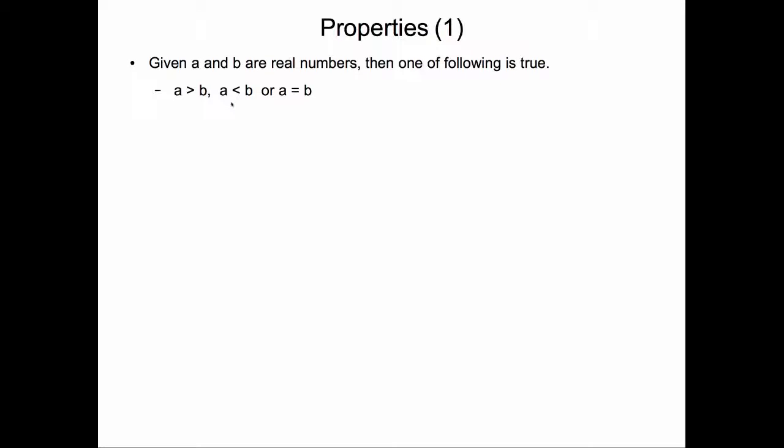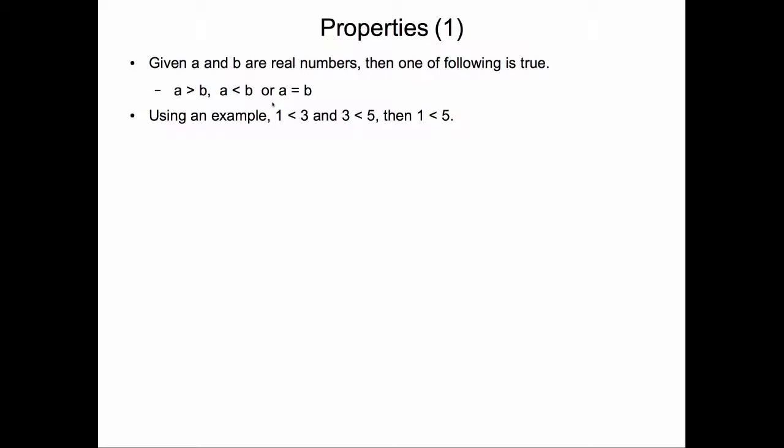And what if I pick another pair like 0.58 and another number 0.58? Here it falls into the last category. They are equal. And you can go on with many more pairs of numbers. It will fall into one of these three possibilities or categories. So this is the first property.